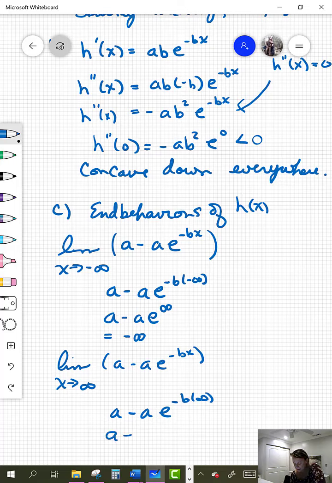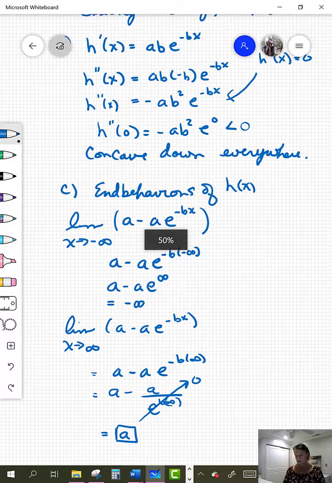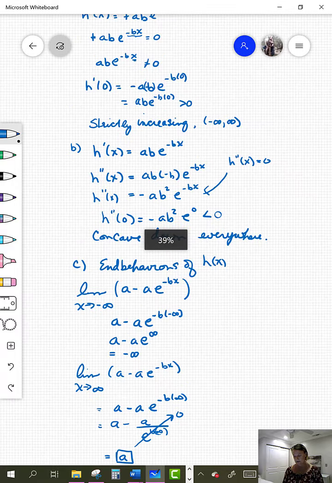So this is a minus a all over e to the b times infinity. Well, this fraction is going to 0. And so we're left with a minus 0, which is a. So we actually have a horizontal asymptote at y equals a as h of x goes off to positive infinity.